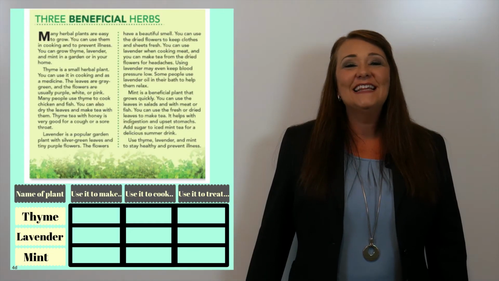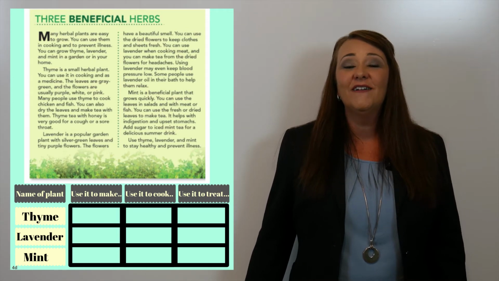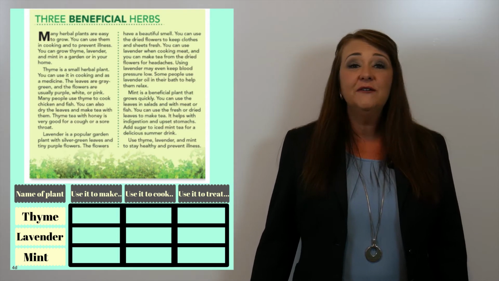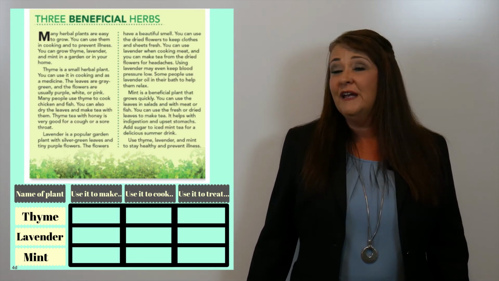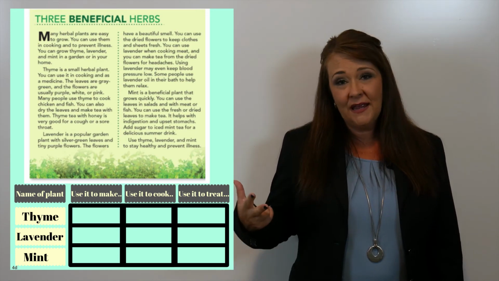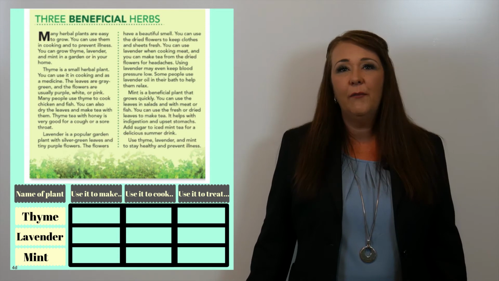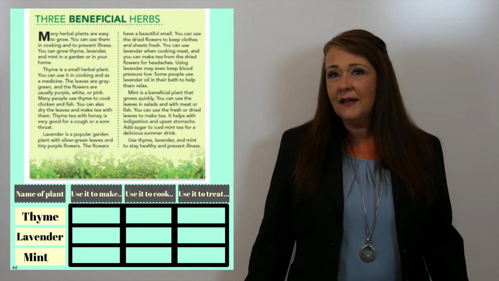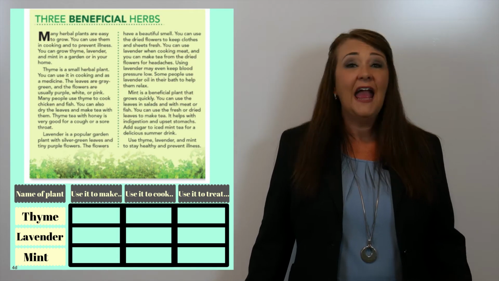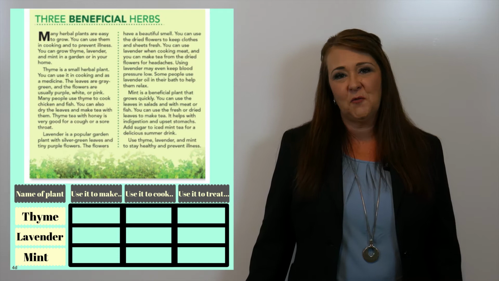So now what I'd like you to do is to use the information from the article to fill in the chart below. You see that there are 3 plants, thyme, lavender, and mint, and I want you to fill in the chart about what it's used to make, when we use it for cooking, and what we use to treat illnesses with.